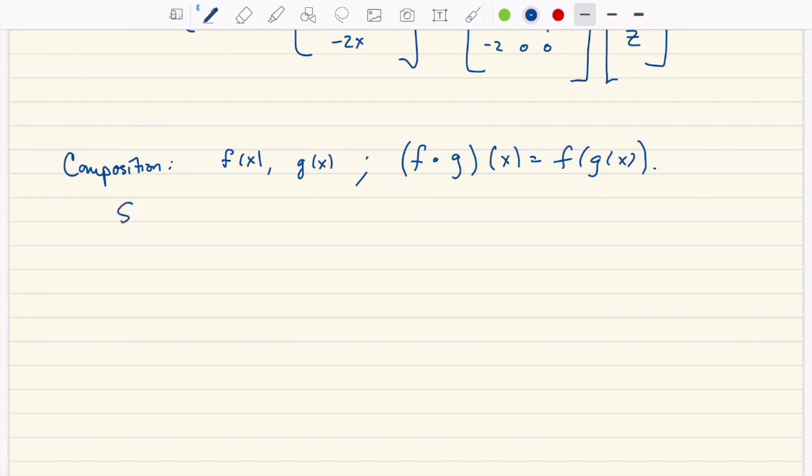So let's say that I have two linear transformations, T of v, which is Av, and S of v, which is Bv. And for convenience, let's say T and S both map Rn to Rn, so they have the same input and output size. We don't really need that.